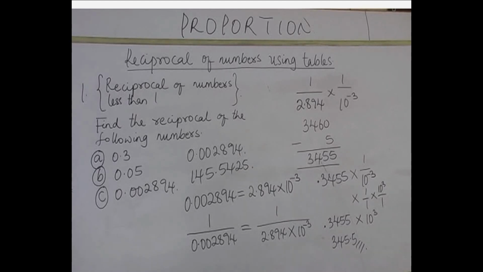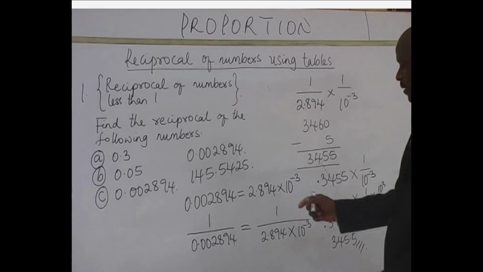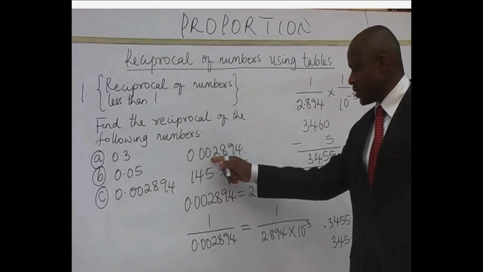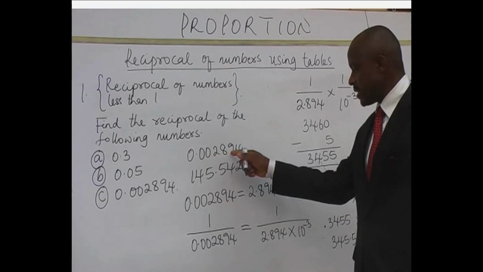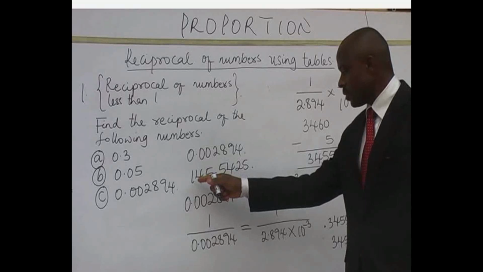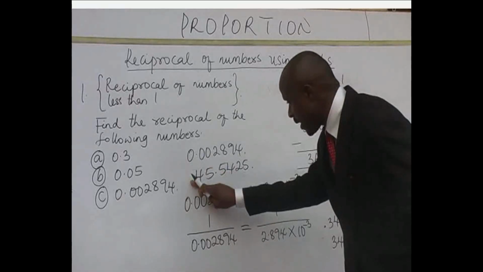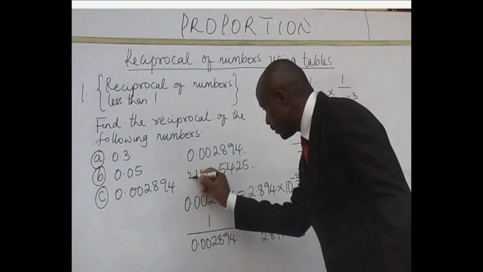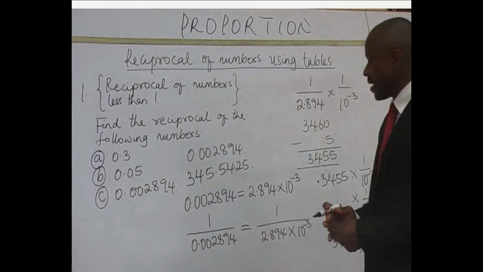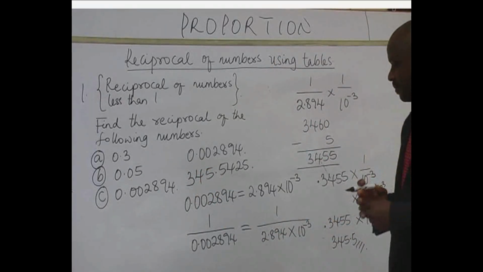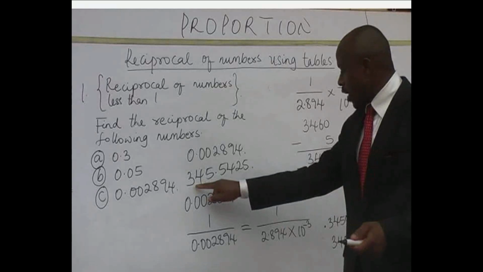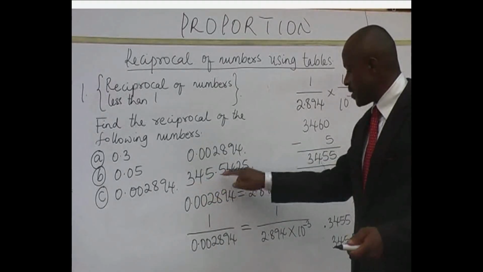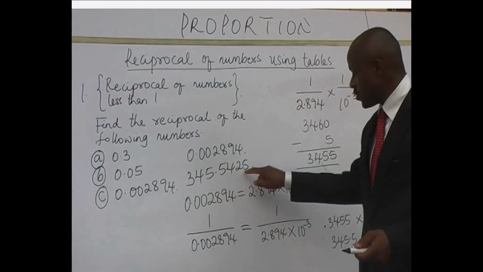You could remember when we used our calculator to find the reciprocal of 0.002894. We got, sorry, this is 3, not 1. It was an error. I wanted to write 3, I wrote 1. Pardon. We got 345.5425.